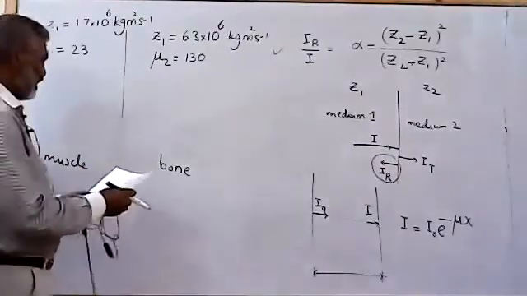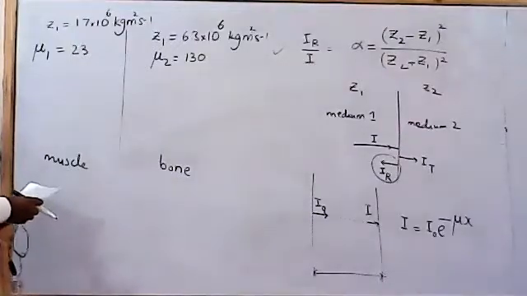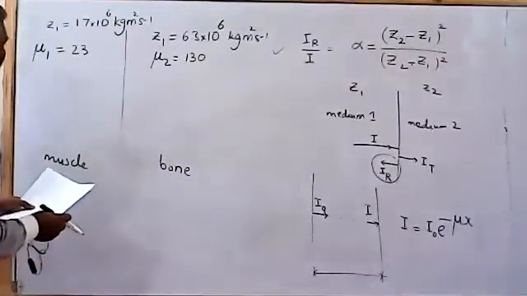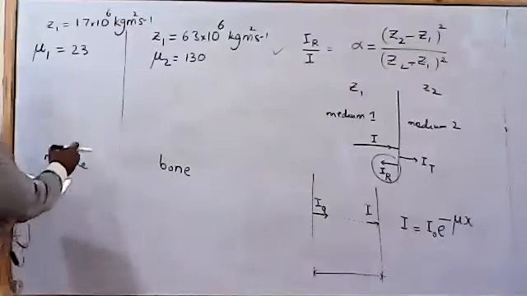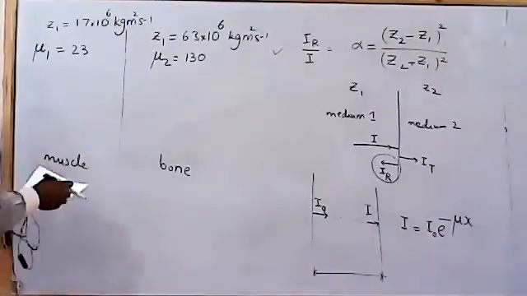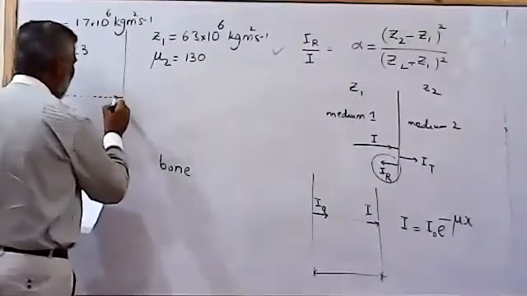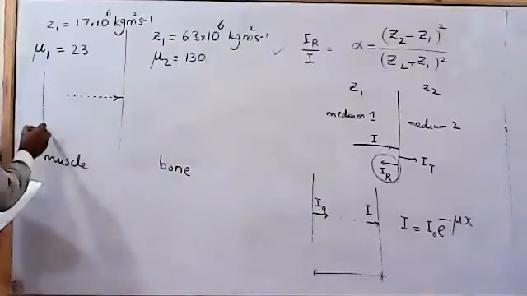The first thing they want us to calculate is the fraction of the incident intensity that reflects back into the same medium. If it is incident here, of course it enters here.